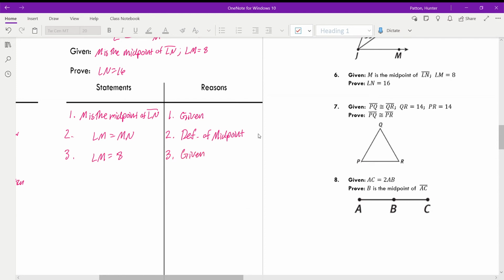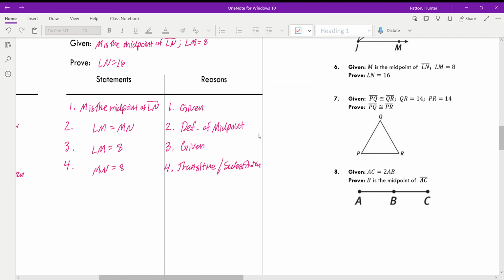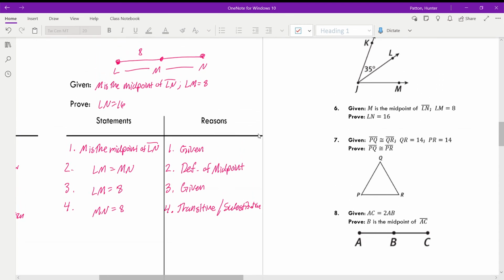Now, step 4, MN has to be equal to 8, right? It's either substitution or transitive. Both of them work. Now let's talk about our segment.